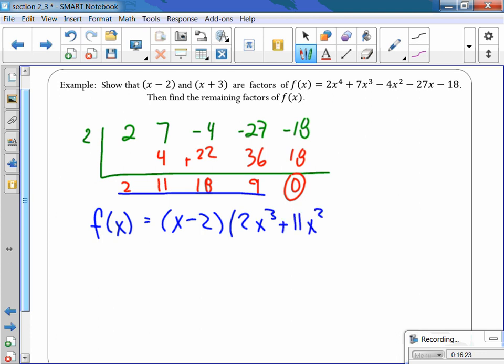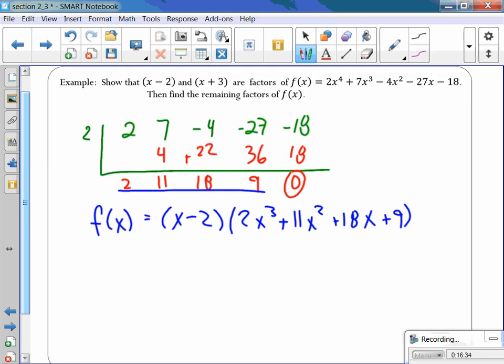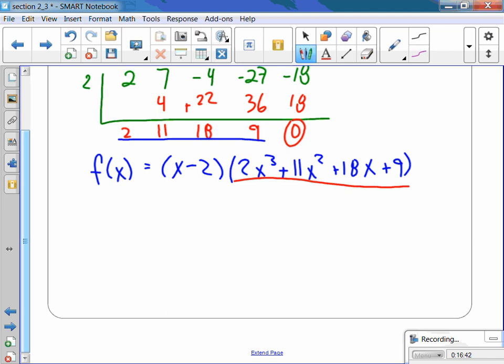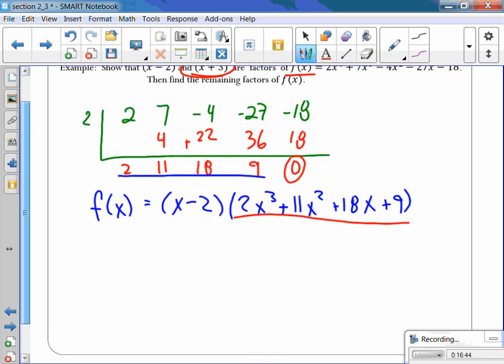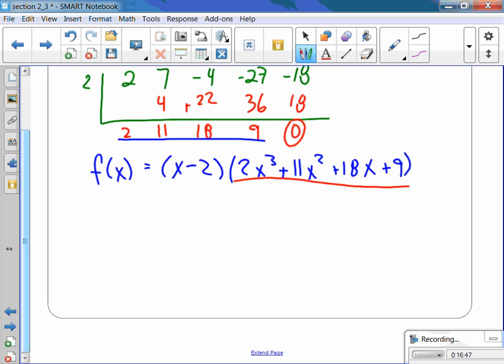So we did take it down one more power. We also know x plus 3 is a factor of our f of x, which means it's also a factor of this. So now we're just going to use our x plus 3 and divide it into the quotient we attained there. So we have our negative 3, and then our 2x cubed plus 11x squared plus 18x plus 9.